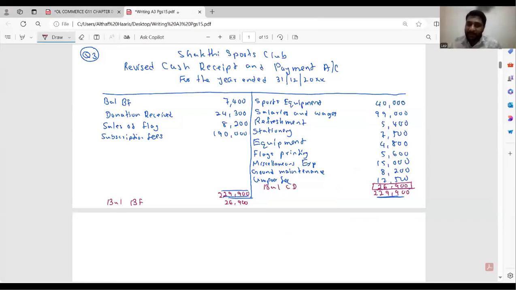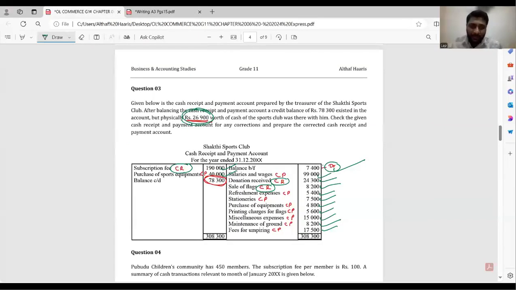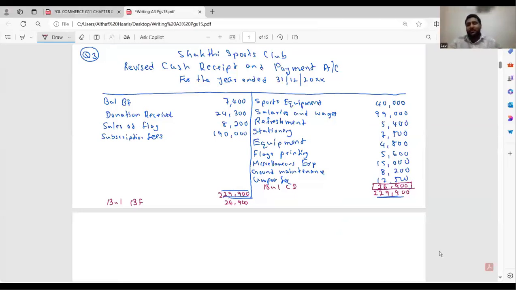As per your account, the balance is 26,900. Cash also you have 26,900. Both are nicely balanced. So I'll give you maybe 2 minutes. Quickly finish it, people.